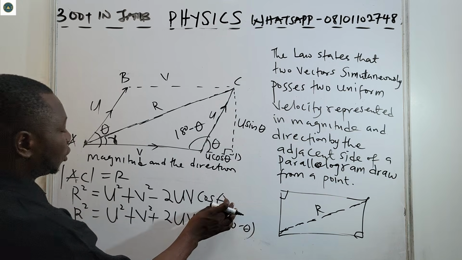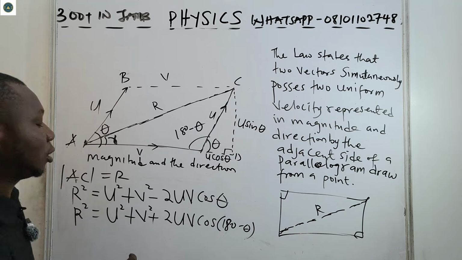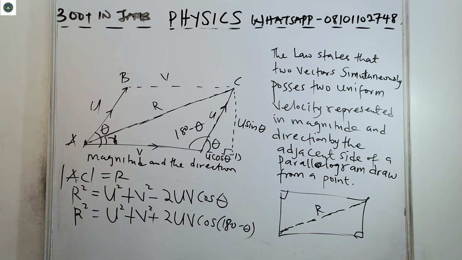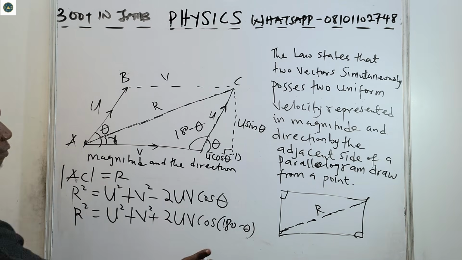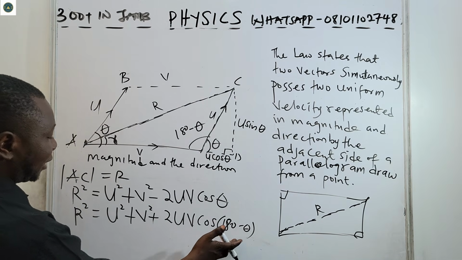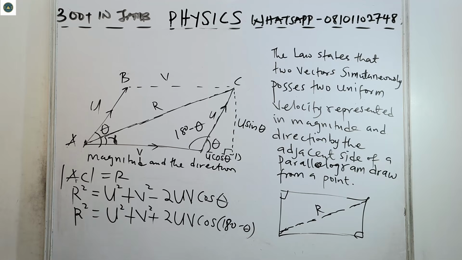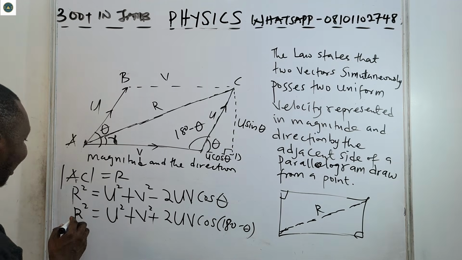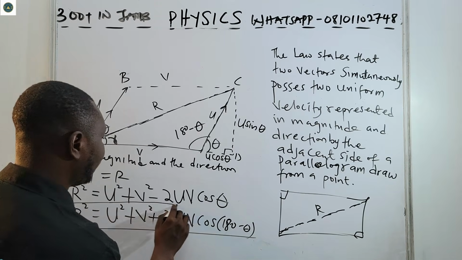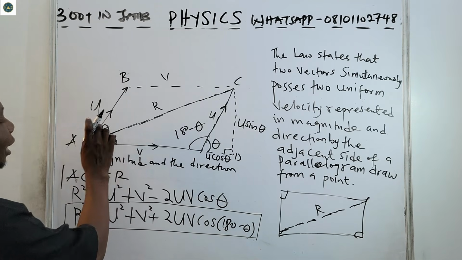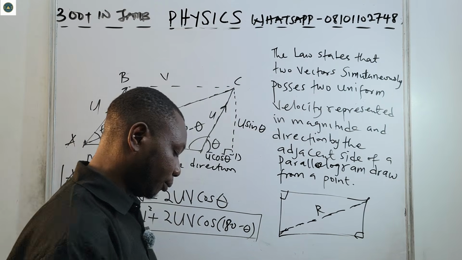But if I decide to use theta, I'm using minus at this point. So don't be confused. For example, I have a value of 135, which is negative, so negative times plus, I'll have minus. So this is how to get the resultant of two vectors acting at an angle.